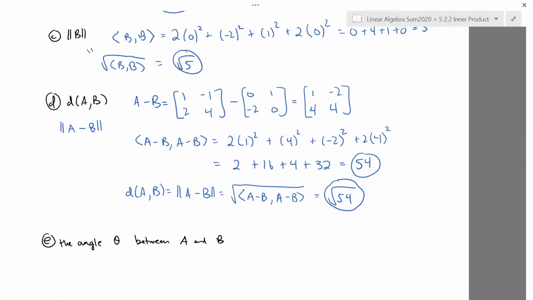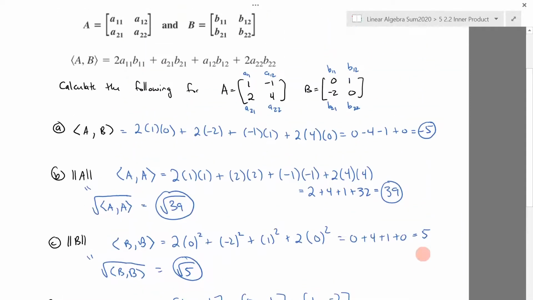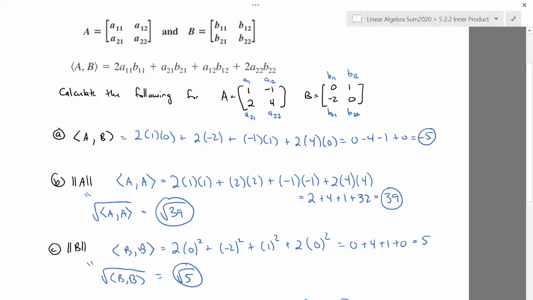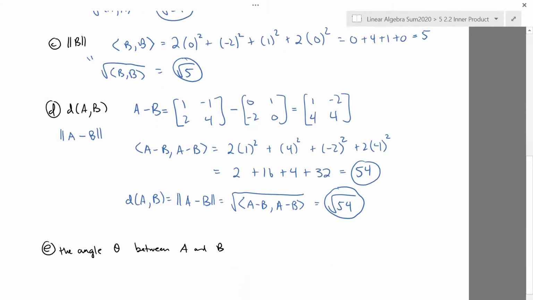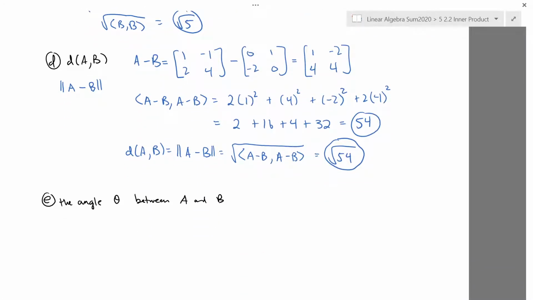Because the geometry has changed because of these two coefficients. So similarly, when we calculate the angle, you shouldn't think of this as the ordinary angle as you typically think of.